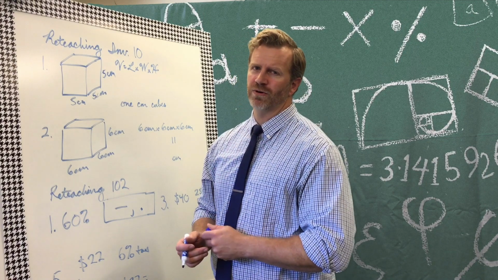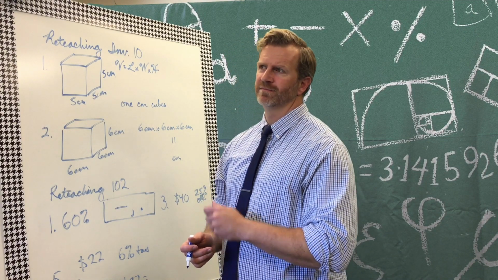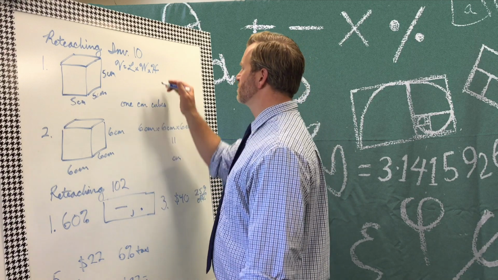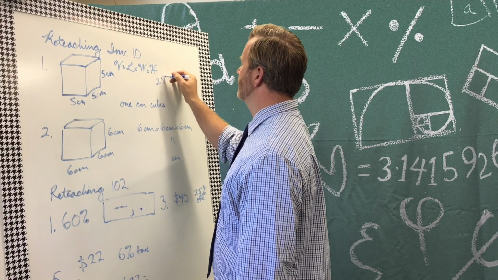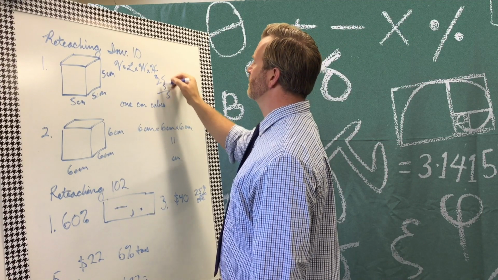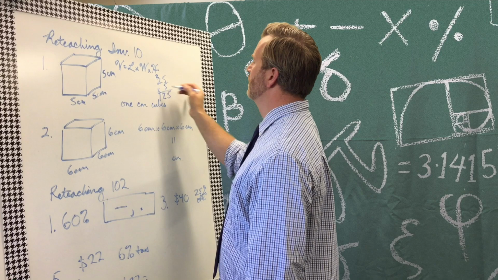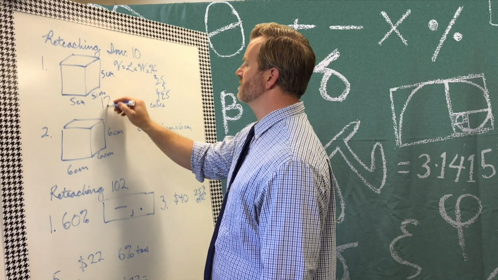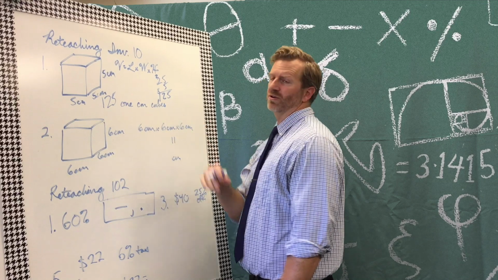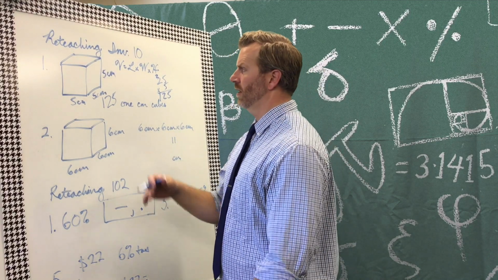Think if you had 5 quarters, how much money would you have? $1.25. So 25 times 5 is 125. So we got 125 1 centimeter cubes. Cool, number 1's done.